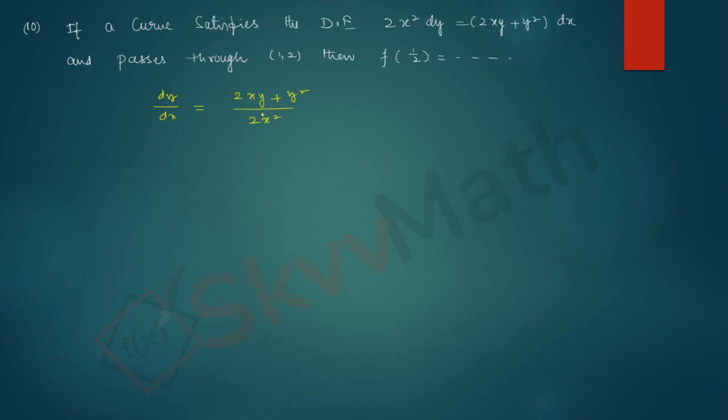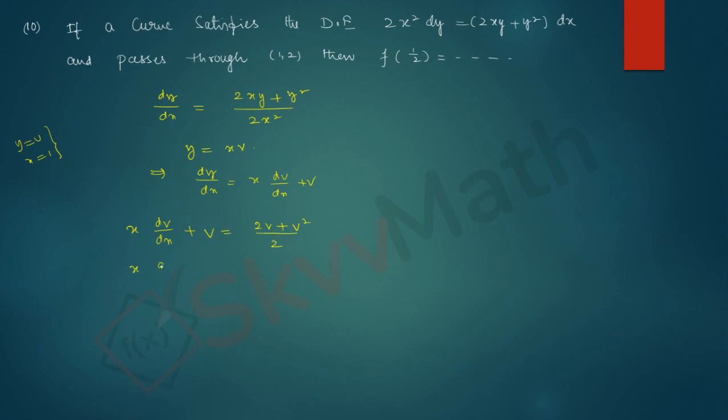Whenever you know that the given differential equation is homogeneous, we simply put y = xv and write dy/dx = x dv/dx + v. So substituting here, we get x dv/dx + v equal to the expression; I'll write it directly, by substituting y = xv and simplifying, we get (2v + v squared)/2.